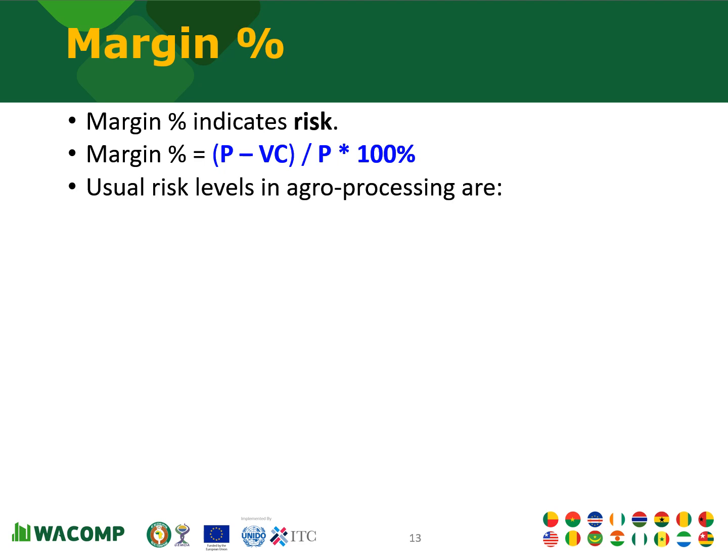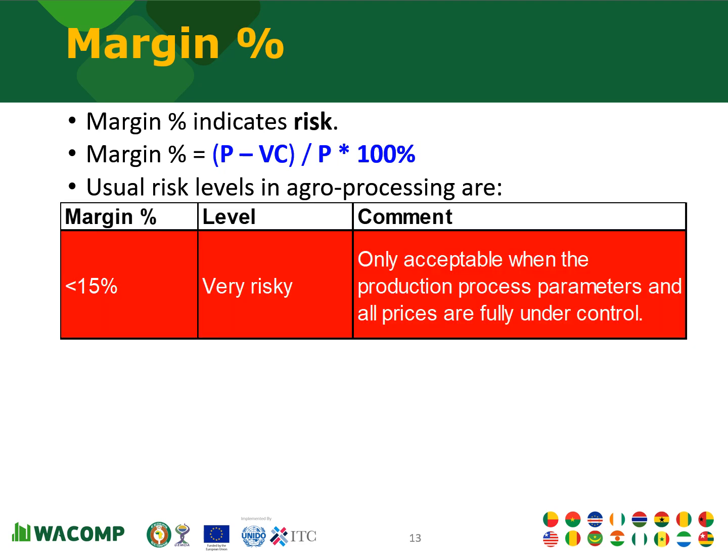Usual risk levels in agro-processing, and I have a lot of experience with it, is as follows. A margin below 15% is very risky because even a small reduction in the sales price or an increase in costs will lead to a negative margin.